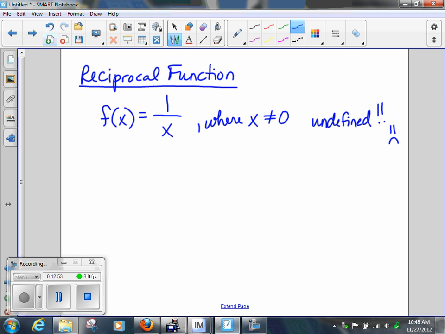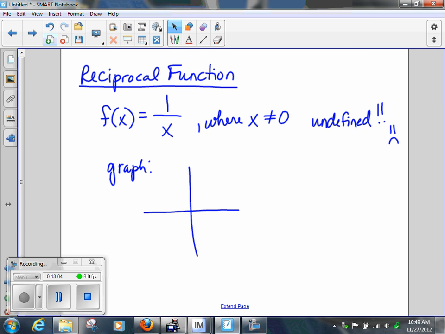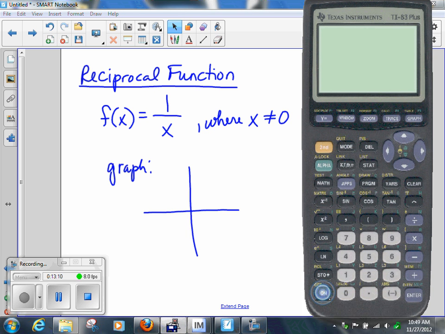Not good at all, right? Now, the graph of this, are we going to graph this on paper? Of course we're not. Why would we do that? Because you're going to take your calculator, and you're going to cut your calculator on, and you're going to put in that function 1 divided by x.